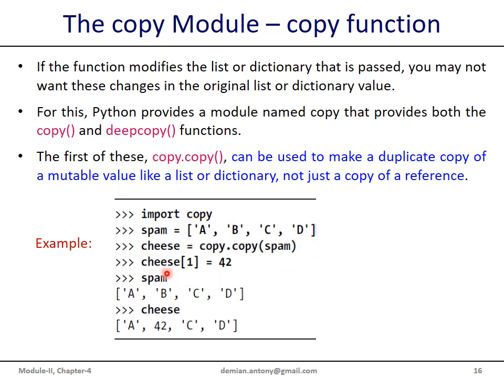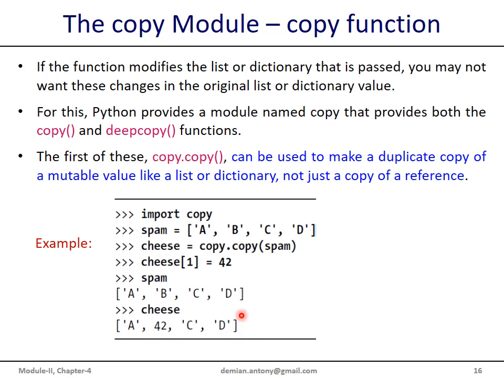And if you modify a member of cheese, an item of the list value cheese, it doesn't affect spam, because spam is stored in one particular memory area, and cheese is now being created and stored in a different memory location.